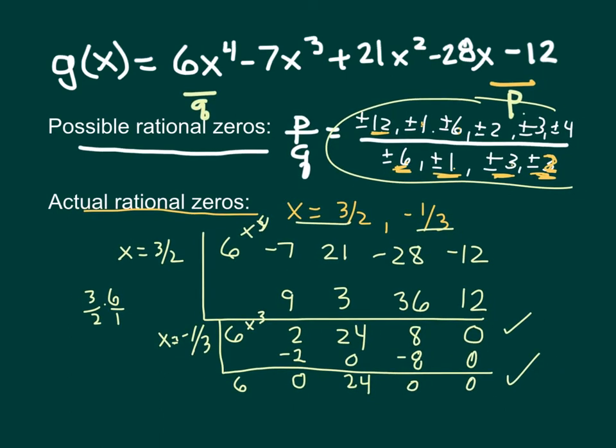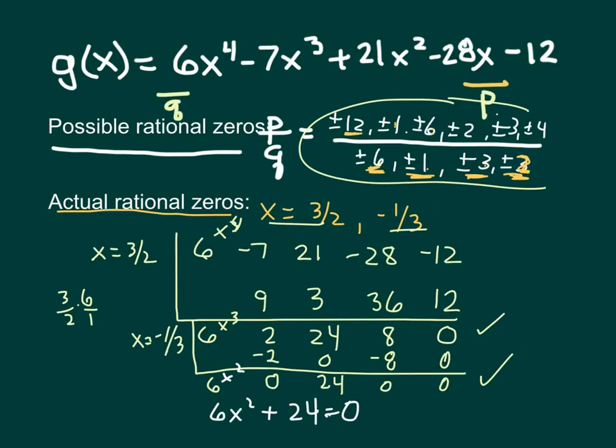Now, here's the key. We went from a 6x cubed down to a 6x squared. So we have 6x squared plus 24 equals 0. Since we don't have a b term for a quadratic, we can simply slide the 24 over and divide by 6.